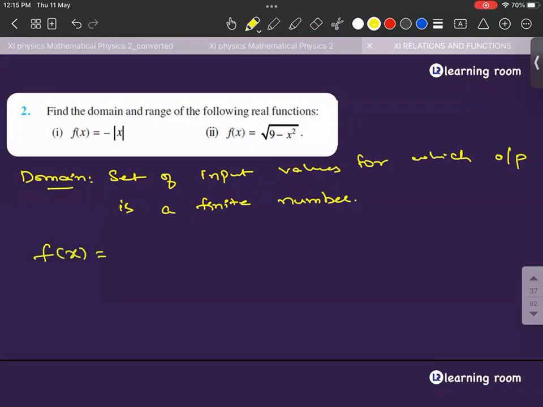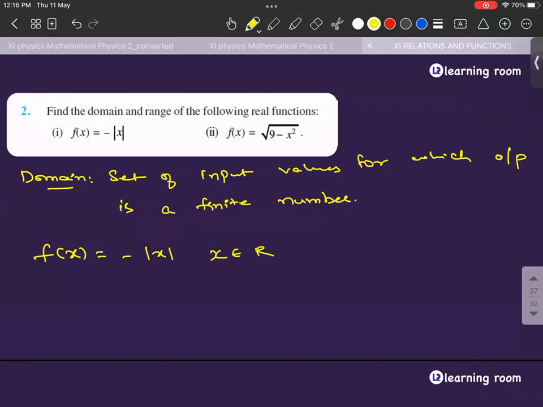So when I take f of x is equal to negative of mod x, what is the domain here? You always look at the function. There are only 3 kinds of functions which you will get. One type is where you will have only a numerator. If you have only a numerator but no square root, mostly the domain will be real numbers.